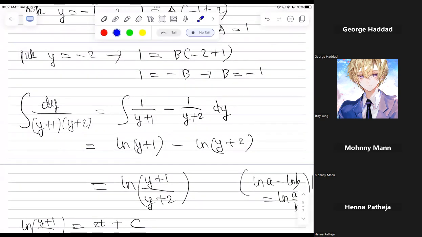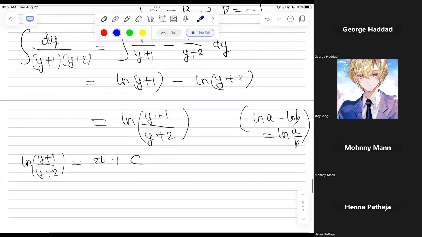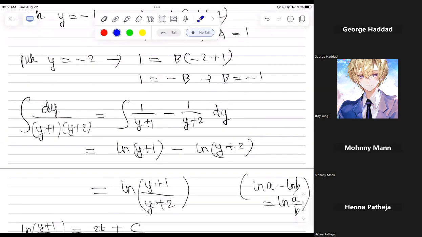You may find something interesting here: why I didn't put the absolute value? The integral of 1 over x dx is equal to ln of absolute value of x, but why don't I put absolute value?